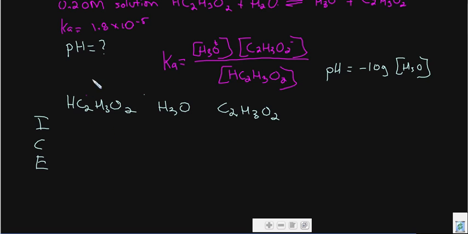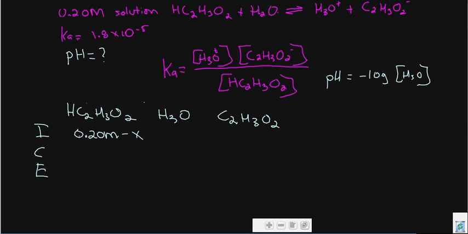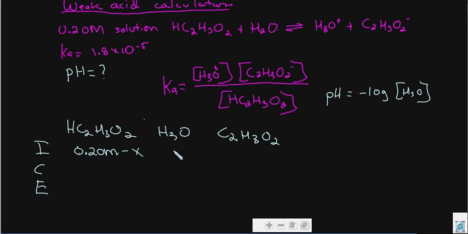And so we find out that we have a 0.2 molar initial concentration. So let me go like this, 0.2 molar, and that's going to be minus x because the balanced equation shows us here a factor of 1.